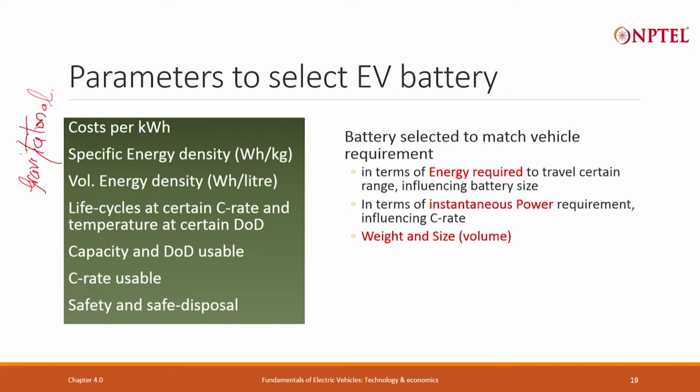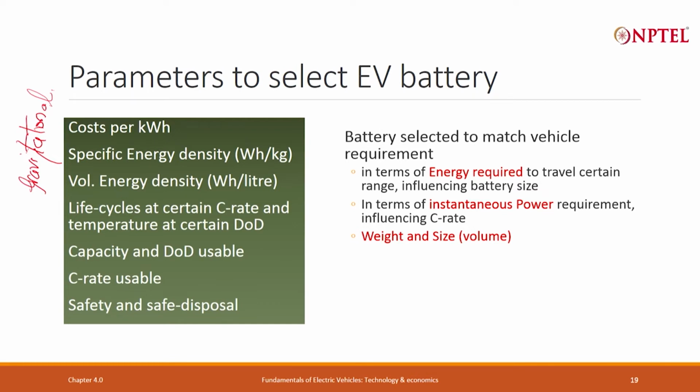One, it has to match in terms of instantaneous power. If the vehicle suddenly needs, say, 40 kilowatt, and you have a battery which is 10 kilowatt hour, it will require 4C, and that is not good. You will have to have a minimum battery size of approximately 20 kilowatt hour.